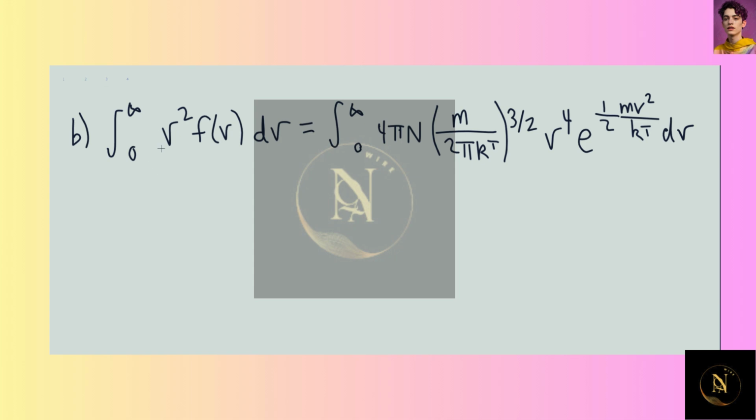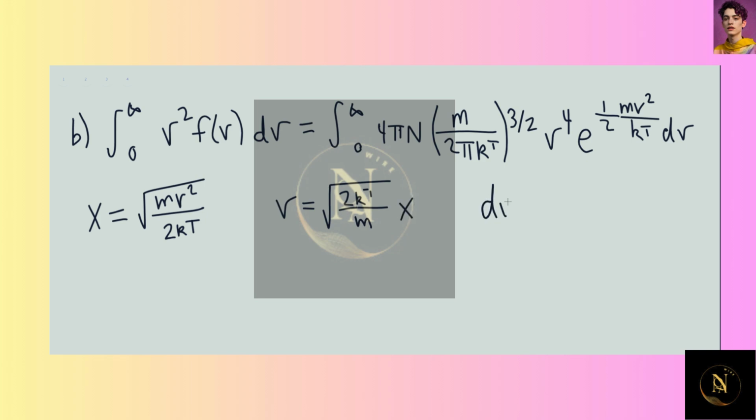We're going to do the very same exact substitutions. X is going to be root m v squared over 2kT. We can once again say that v is root 2kT over m times x. Thus, dv is root 2kT over m dx.